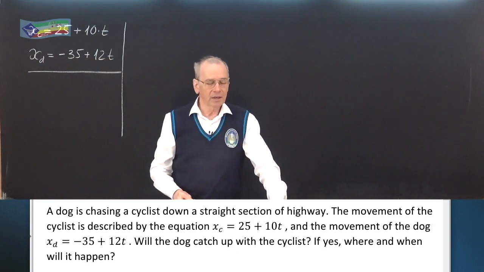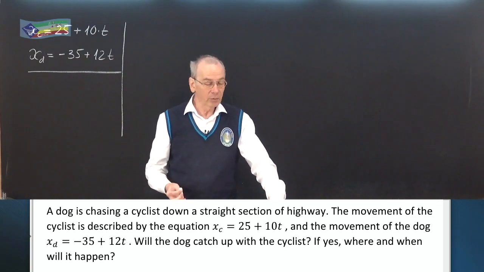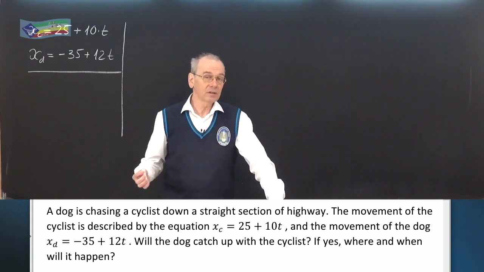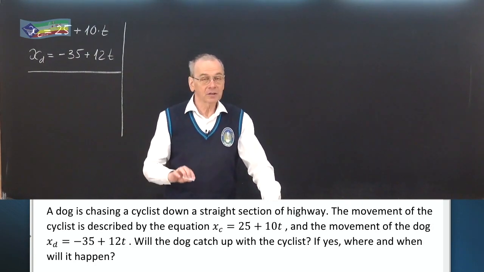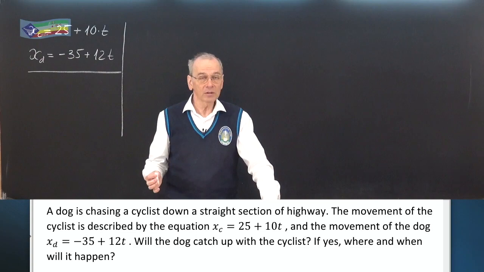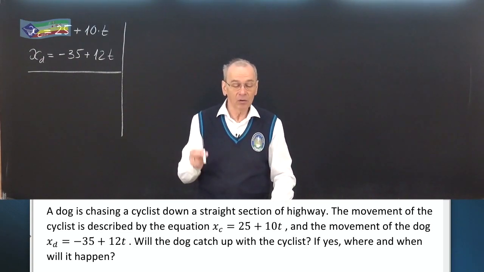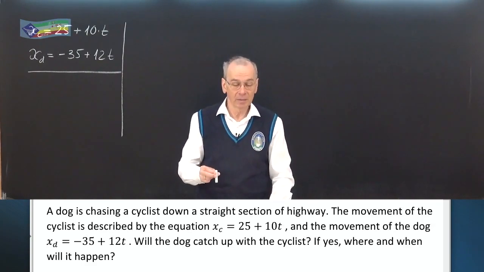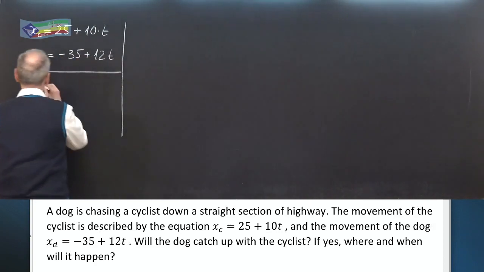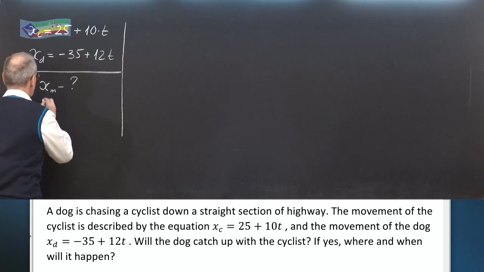Will the dog catch up with the cyclist? If yes, where and when will it happen? So let us try to find the time and coordinate of the event when the coordinate of the dog and of the cyclist will be the same: x meeting and t meeting.